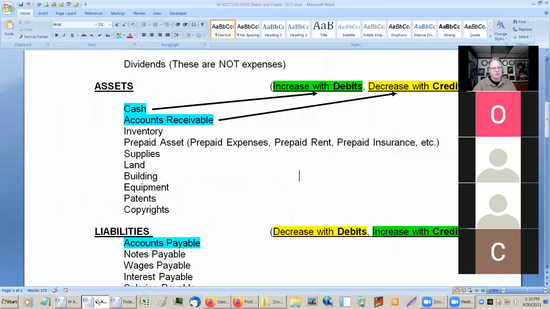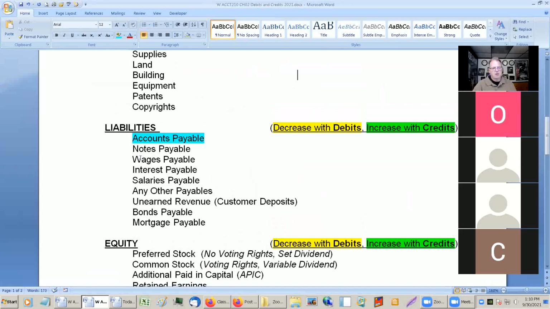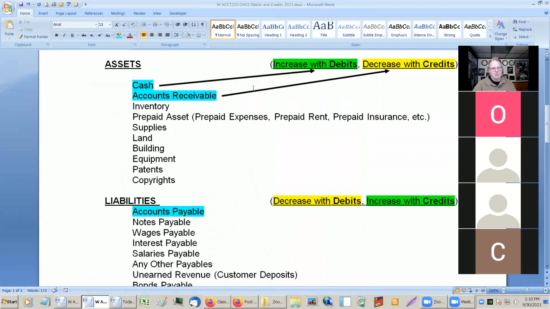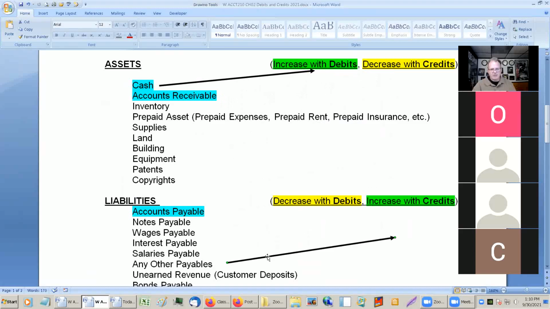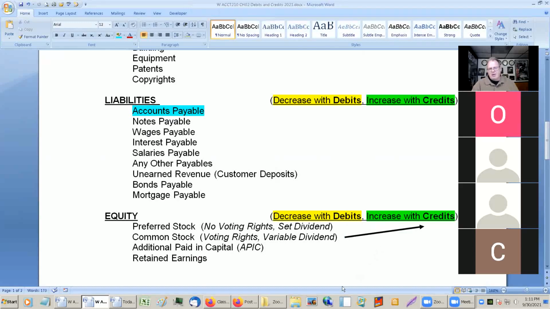So this would be cash. The cash is a debit. The equity account is common stock, which is usually the stock that they sell.